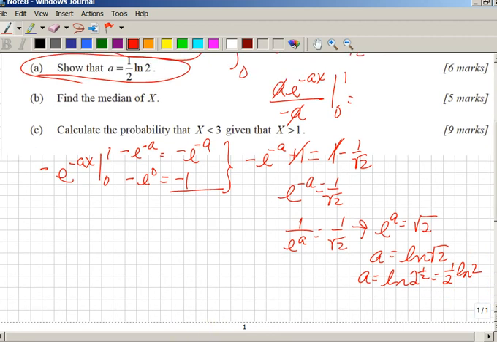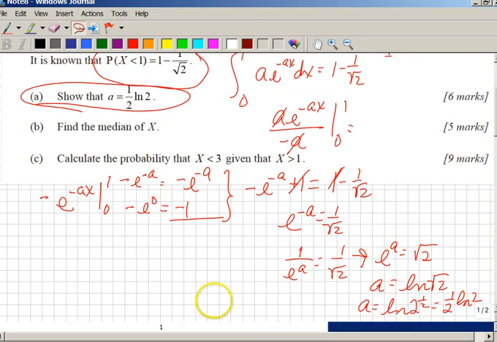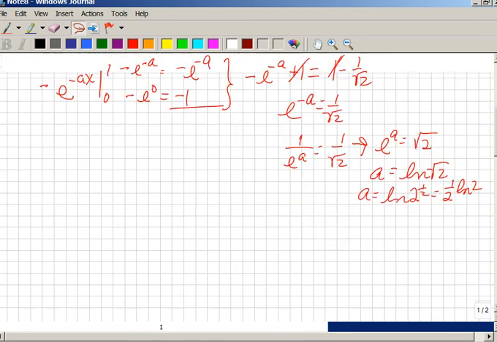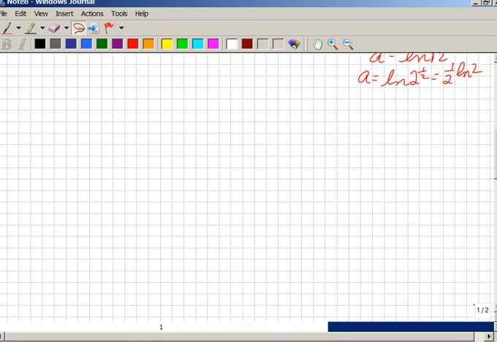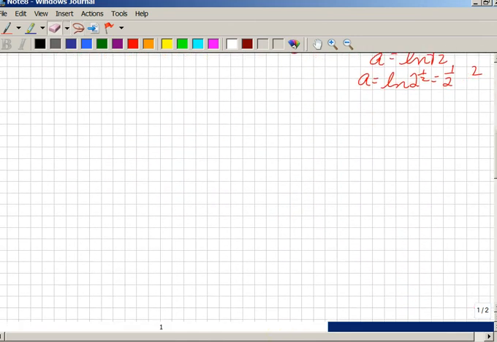Okay, now for part B, it wants us to find the median of x. Well, the median is half the probability, so we'll just take the integral from 0 to m, which is halfway, and set it equal to 1/2. So let me scroll down here and get a little room. Now in writing that integral, I'm going to put the a back in.